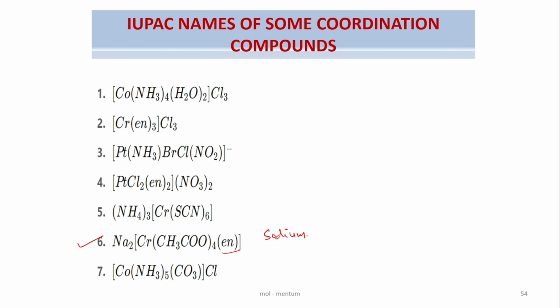So you will write the name: tetrakis, then the name of the ligand, EDTA, and then chromium. This compound is neutral, so the oxidation state will be 2 because of sodium 2, chromium 2. So in this way you can write the name.